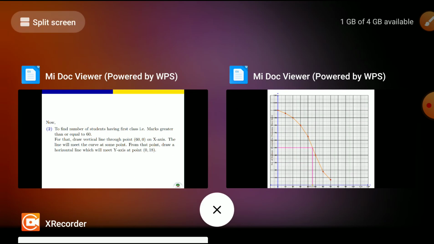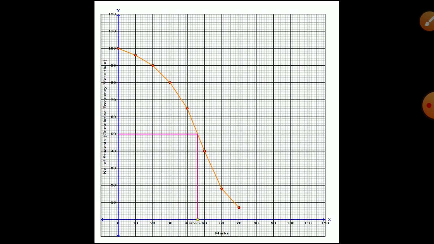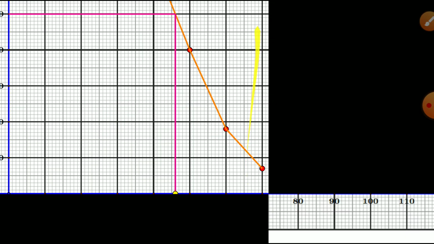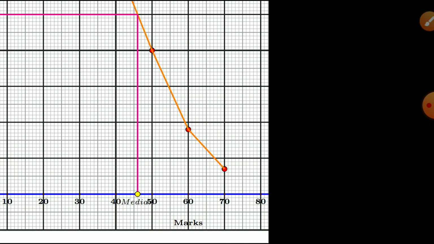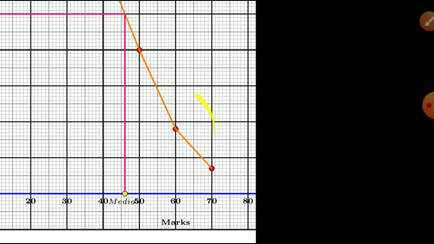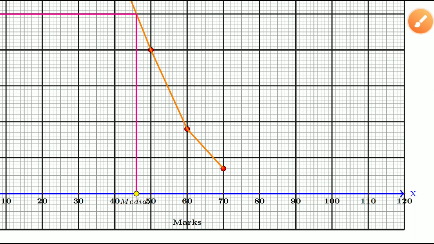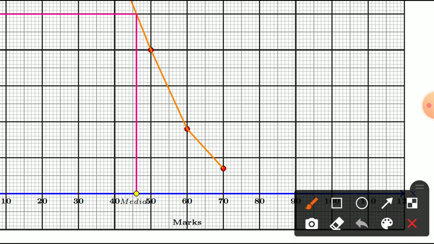Let us do this. In this graph we draw one vertical line. I will show you from which point we have to draw it.